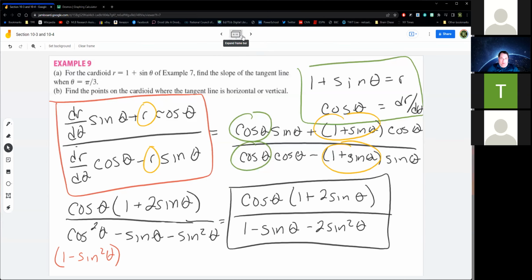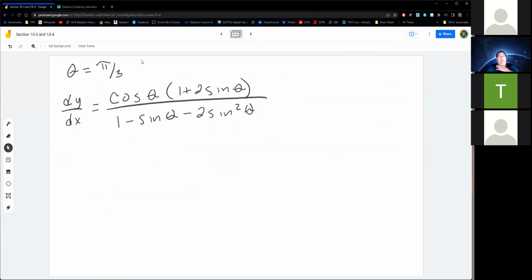So I want to know the slope of the tangent line when theta is pi over 3. And I know my slope is cosine theta, sine theta over... I'm just rewriting it on a different screen, as I was reading the problem.